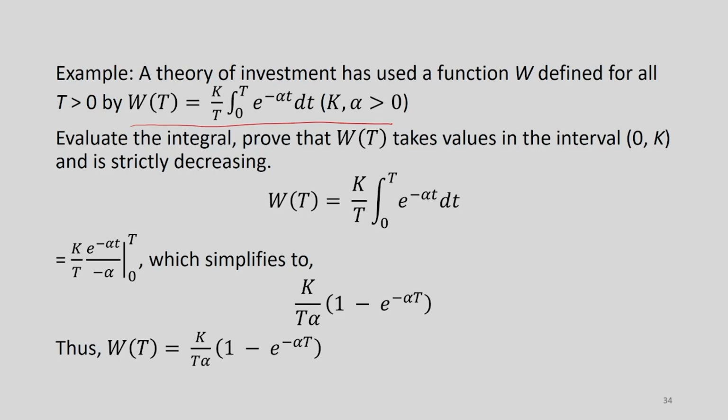Here capital K is a given positive constant, alpha is also a given positive constant. What we need to do? Evaluate the integral and prove that W(T) takes values in the interval 0 to K and is strictly decreasing. So there are 3 parts of this problem.